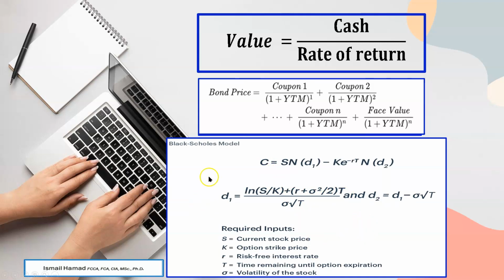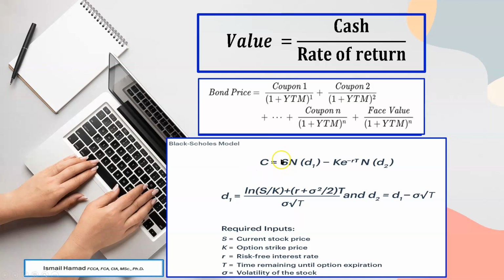What's the value of this option today? C is a call option. What does a call option mean? It is an option to buy the share in June at a price called the strike price, K. So you are going to pay K after 6 months. What's the value of this option today?